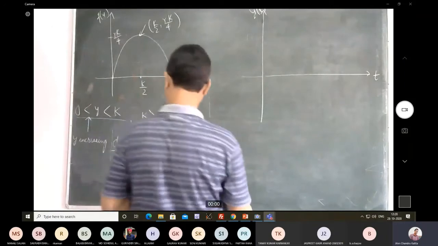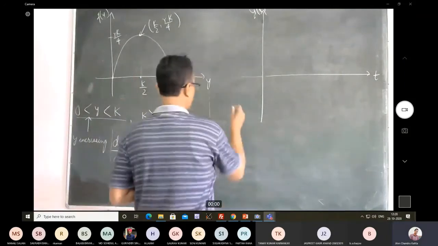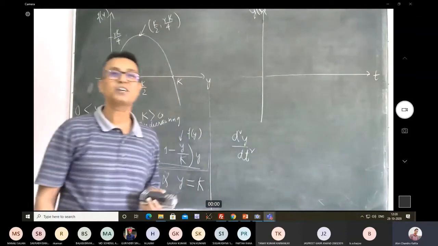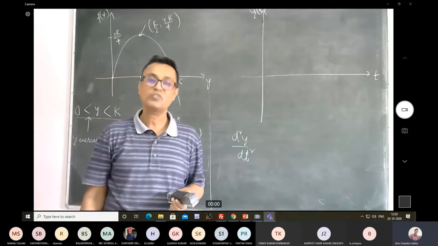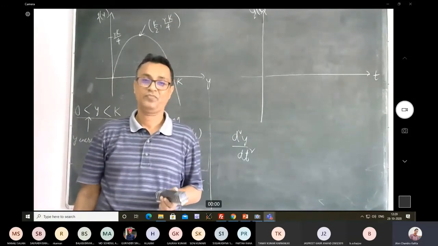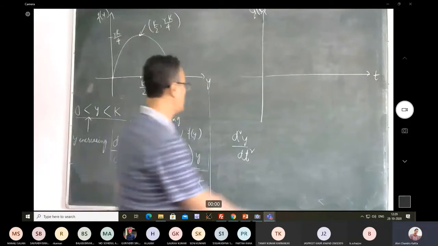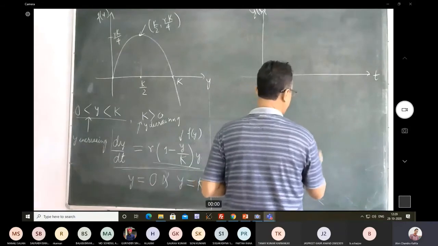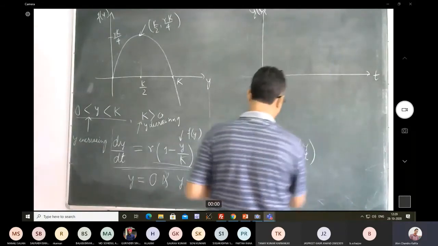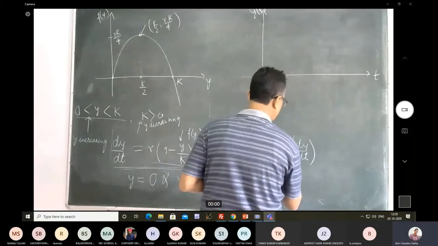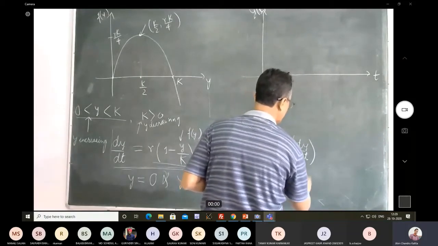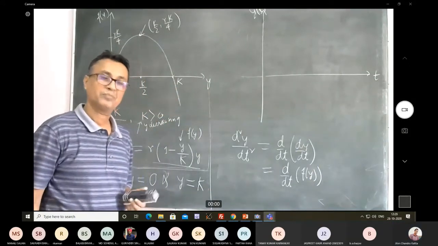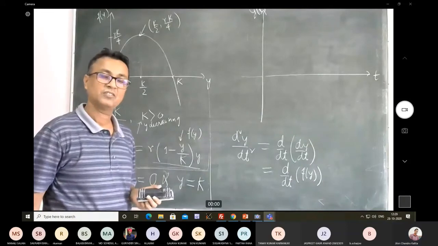Now, let us try to find d2y/dt2, because I would like to find the points of inflection for the curve of y as a function of t. Now this is simply d/dt of dy/dt, and dy/dt is f(y).